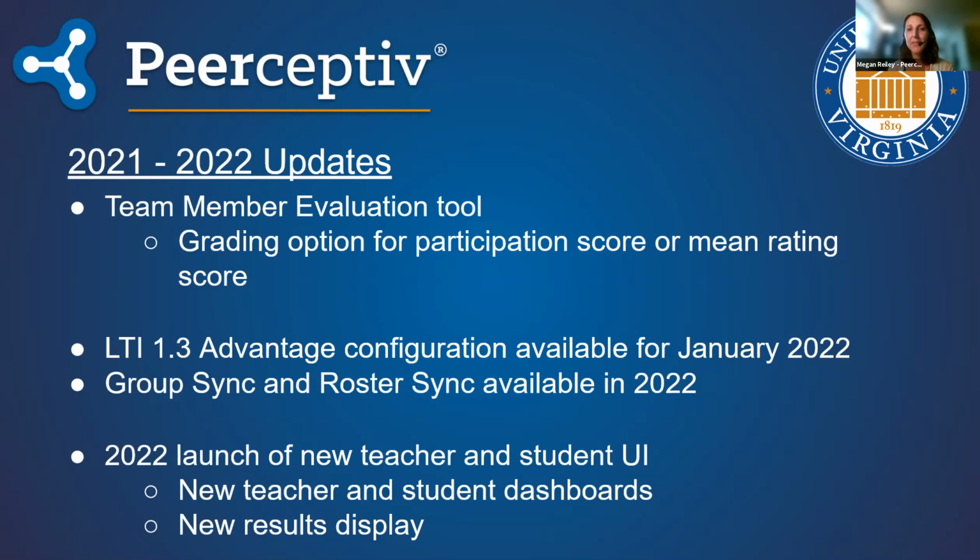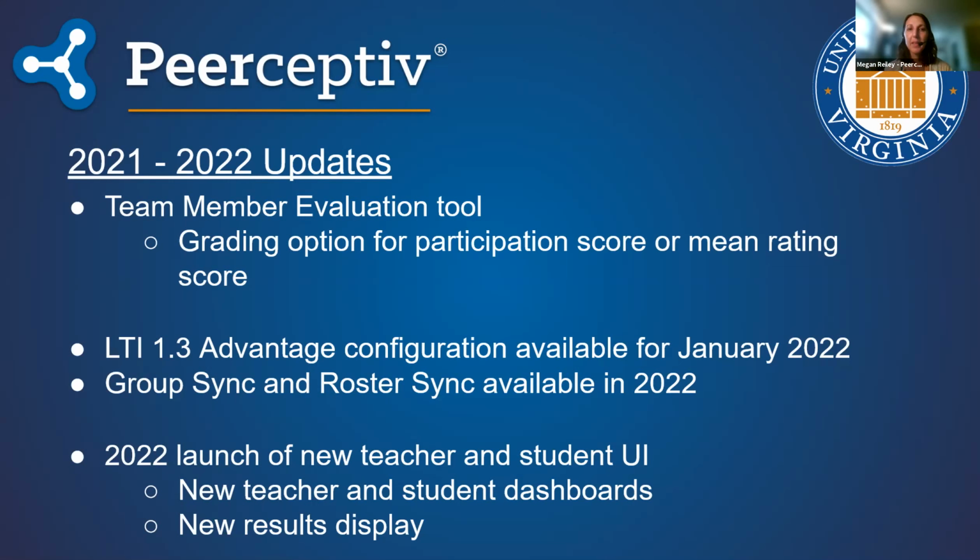It also gives students the chance to give feedback to their own team members so they can get live check-ins, if you're doing it multiple times a semester, from their group members to know, okay, my group members don't feel like I'm pulling my weight, or wow, my group members have really liked my participation, for example.